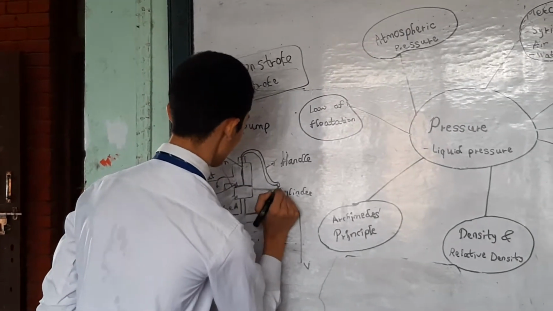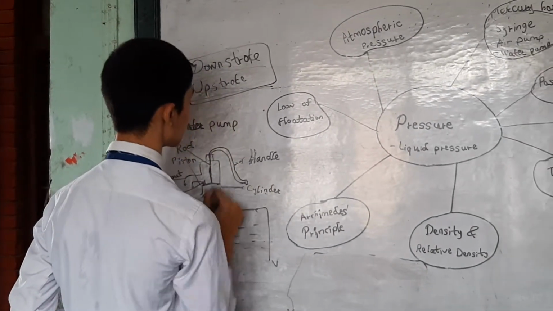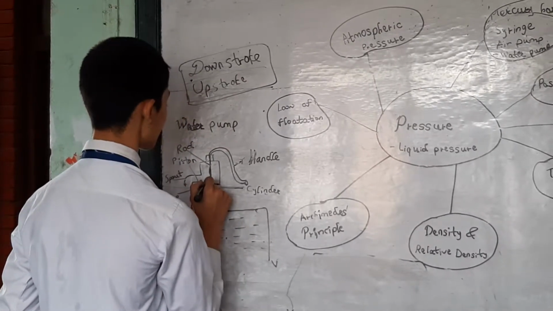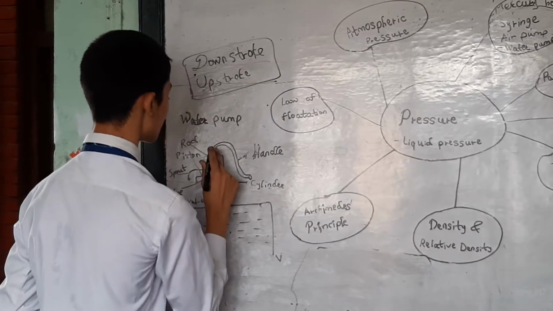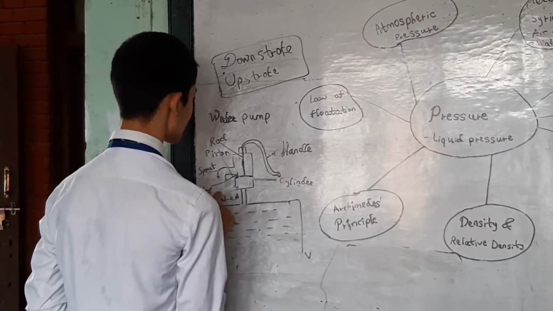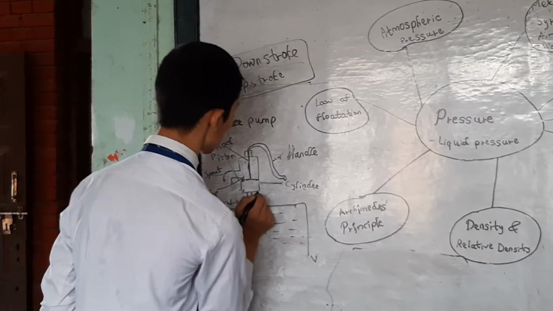Now when this handle is pushed downwards, the piston is pulled upwards. At this time, valve B gets closed and valve A gets opened.